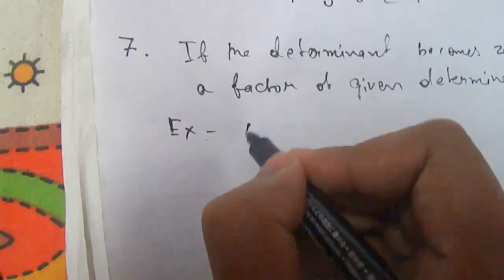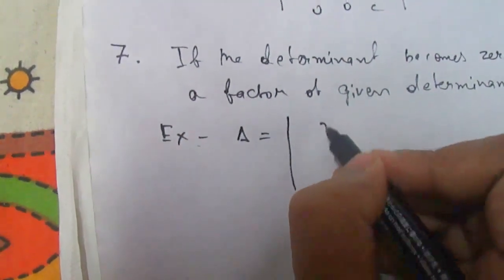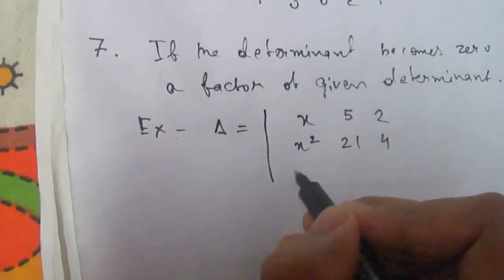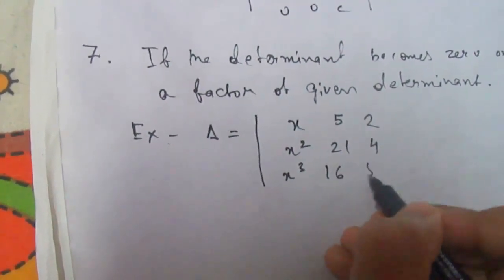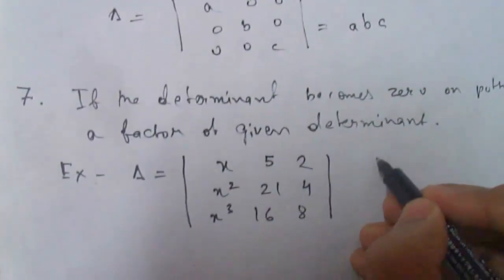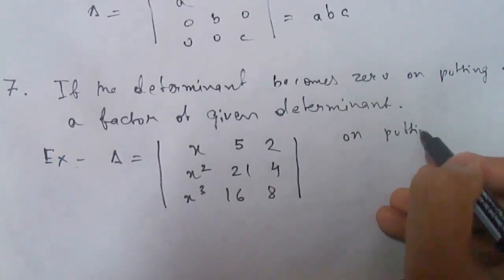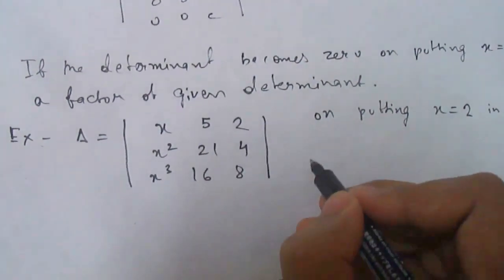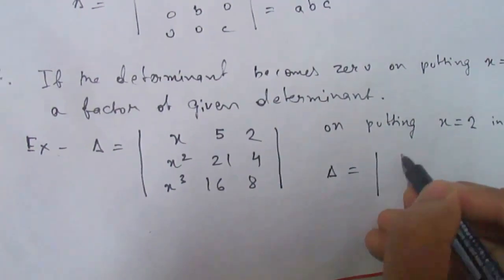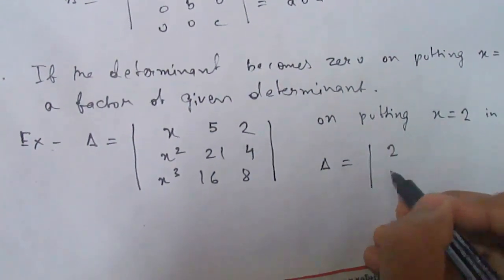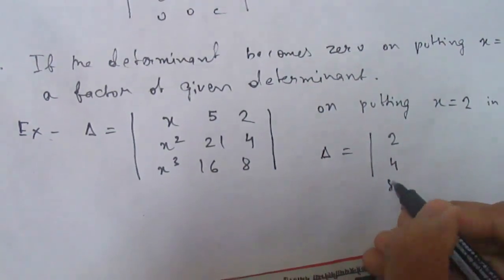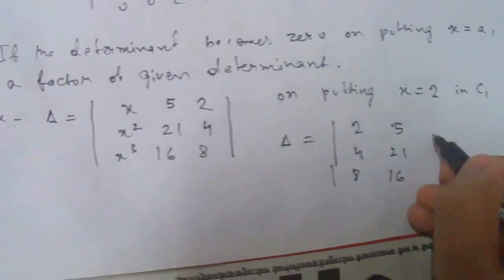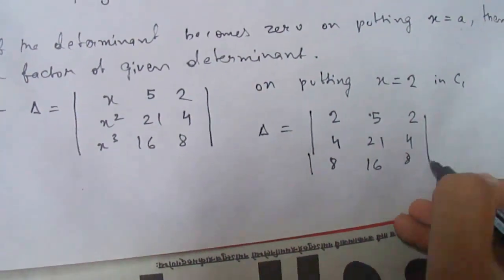Example, we have determinant del equal to x, 5, 2, x square, 21, 4, x cubed, 16, 8. So on putting x equals 2 in C1, we get 2, 4 and 8 in the first column, and we have here 5, 21, 16 and 2, 4, 8.